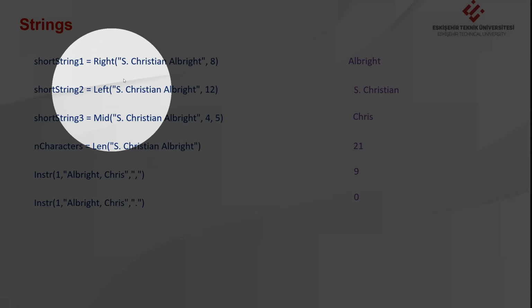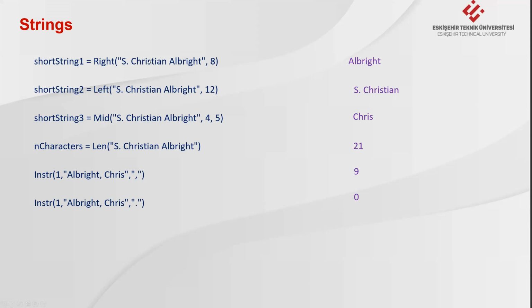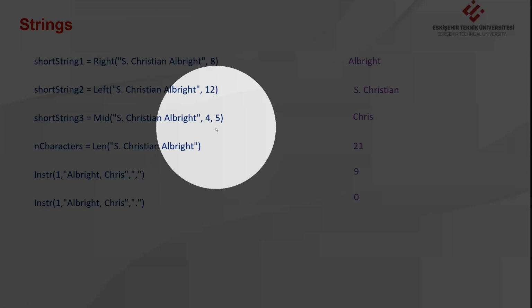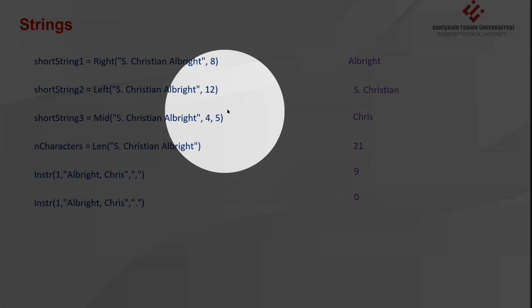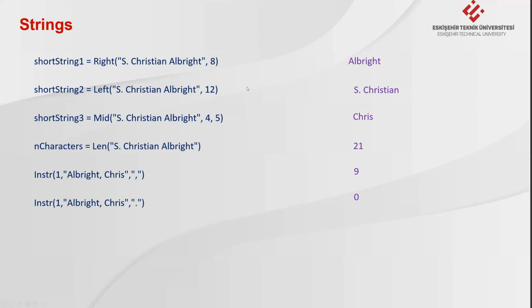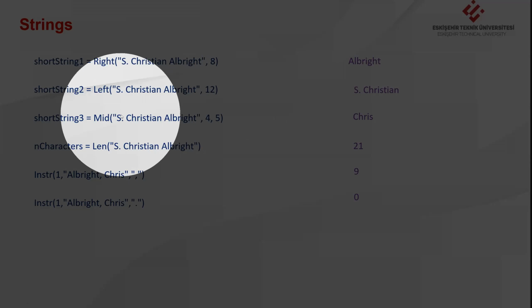And you can use the Mid function as well. In your Mid function you pass three parameters. The first parameter is your string again, the second parameter is where to start, and the last parameter is how many characters we need. For example, in this case, you have one, two, three, and there's a blank character in here, so four.